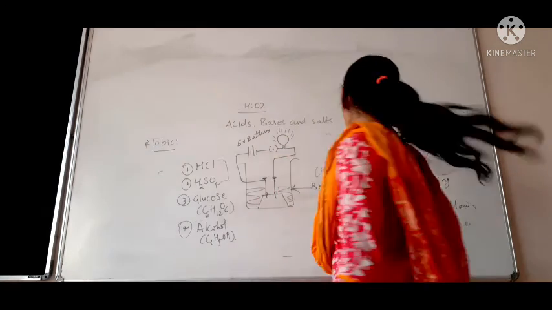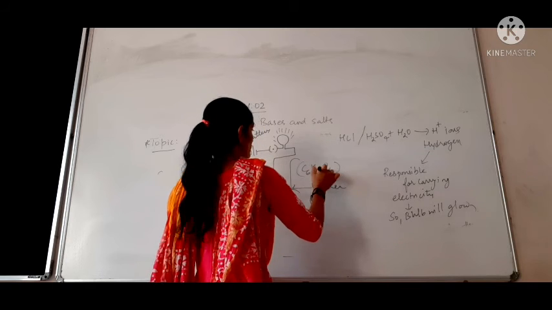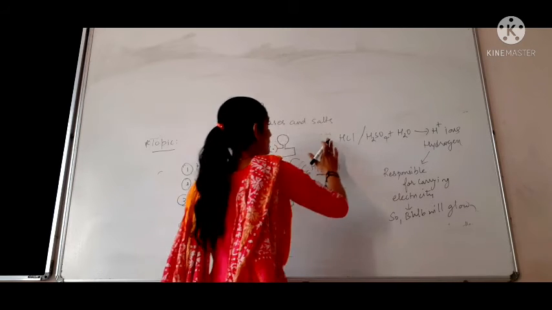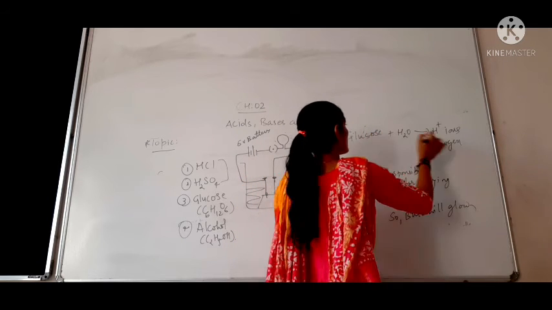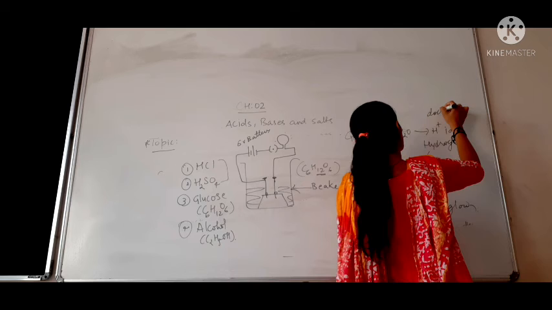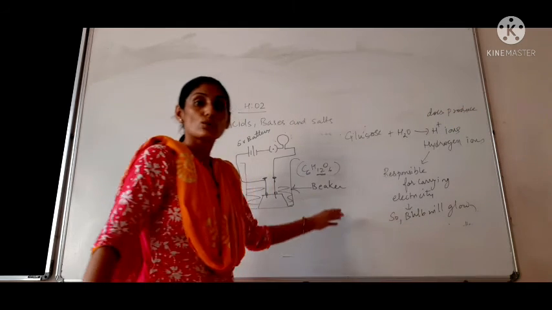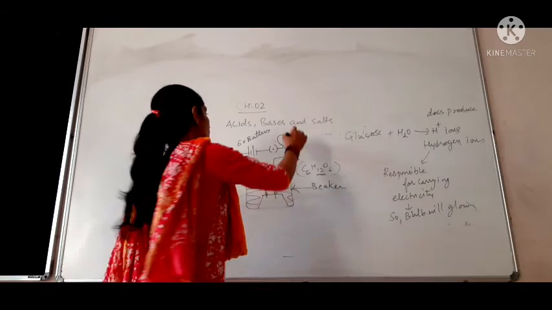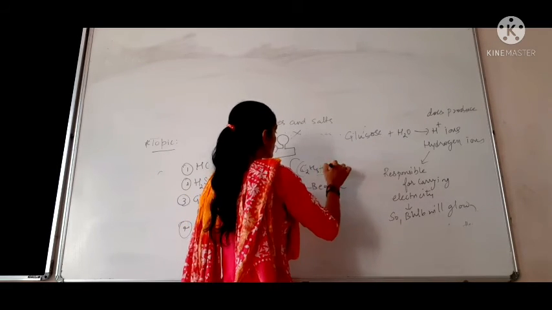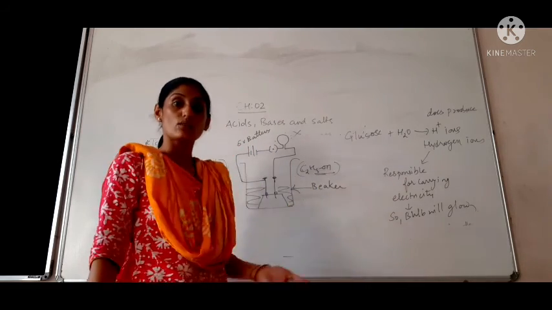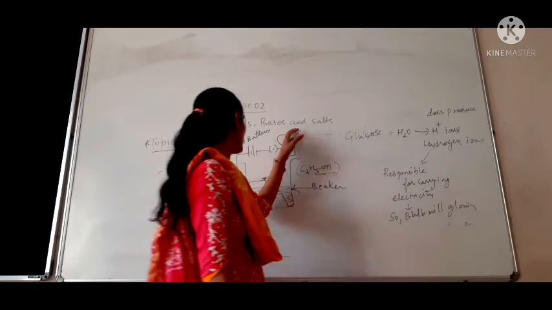But if I am taking glucose, though it contains 12 atoms of hydrogen, whenever it dissolves in water, it does not produce H plus ions or hydrogen ions. So it does not carry electricity and the bulb will not glow. In the same manner, alcohol also contains 6 atoms of hydrogen, but whenever alcohol is dissolved in water, it does not produce hydrogen ions, and due to that the bulb will not glow.